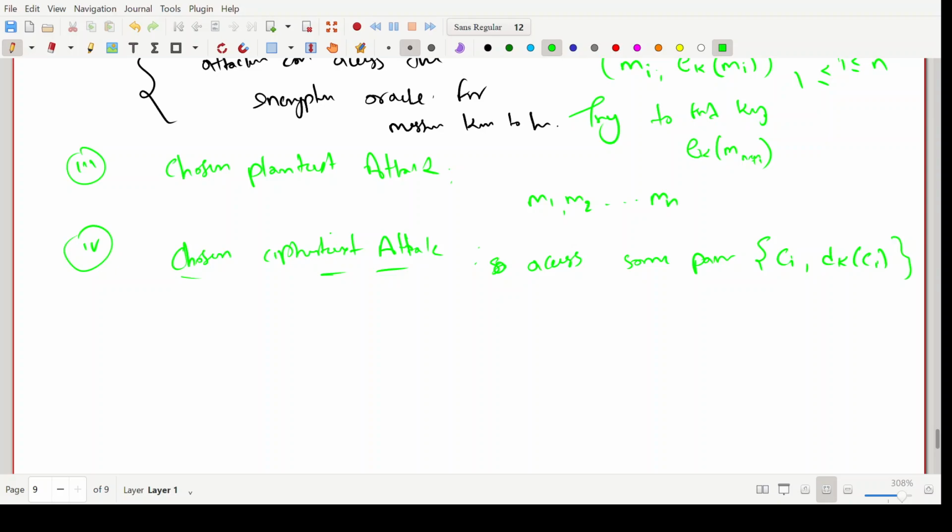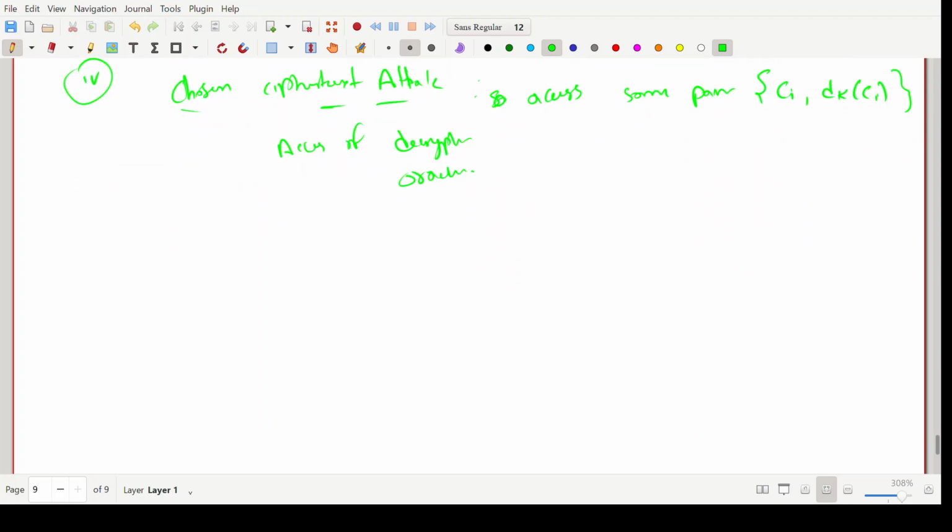Here he has access to the decryption oracle on ciphertexts chosen by him, but this is limited, with i running from 1 to n. Next is adaptive chosen plain text.